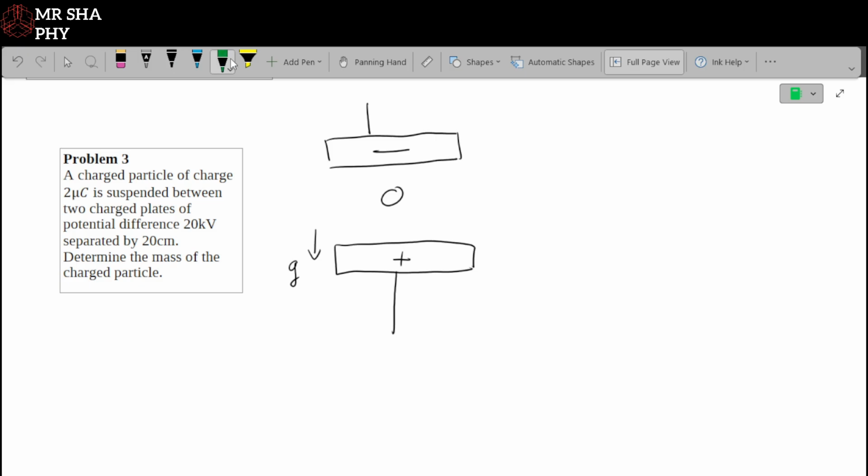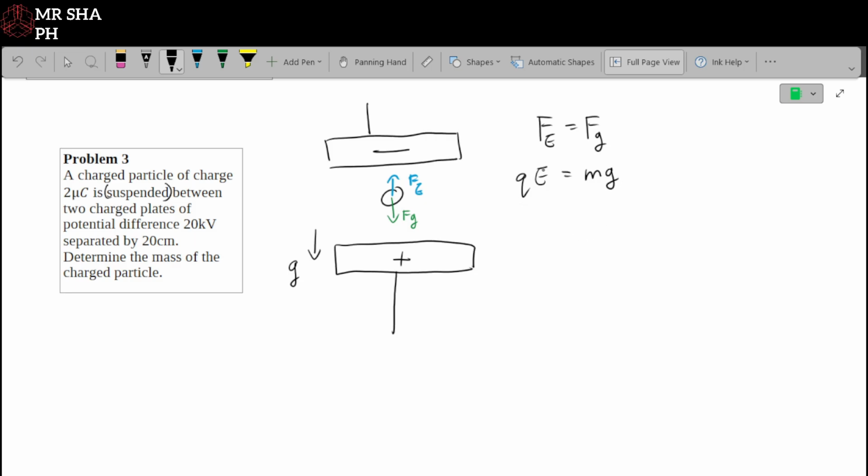If you were to draw the force diagram, you will have Fg moving downwards, and Fe moving upwards. Because it says the word suspended, my Fe must be equal to my Fg. I can quite simply substitute for the equations. I will have qE equals to mg.